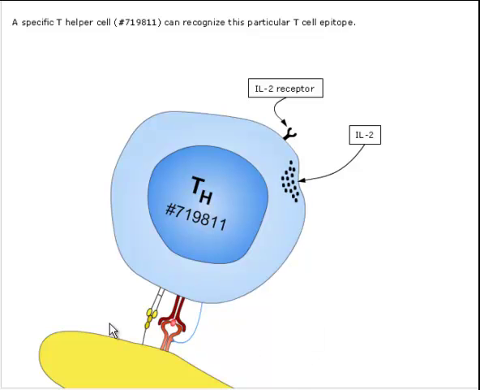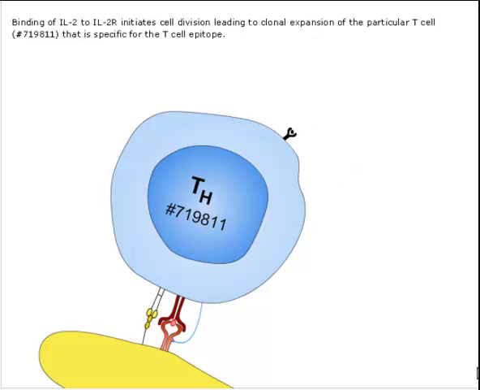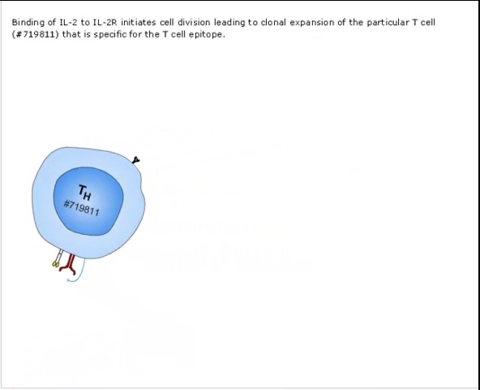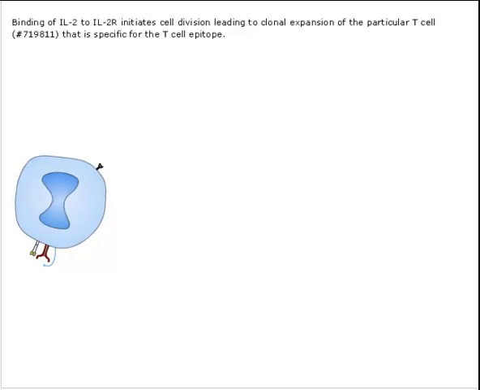So at this point, if it binds to an antigen on a dendritic cell or an antigen presenting cell, it's going to start releasing cytokines like interleukin 2, and it also has receptors to the interleukins that can start and activate pathways within this T helper cell. So the binding of interleukin 2 to the interleukin 2 receptor is going to initiate cell division.